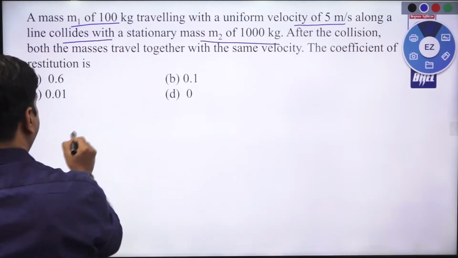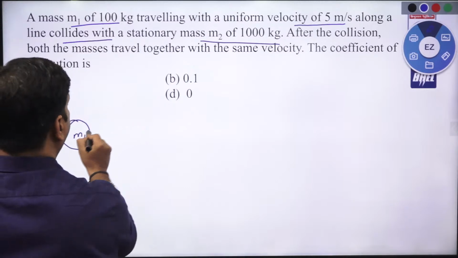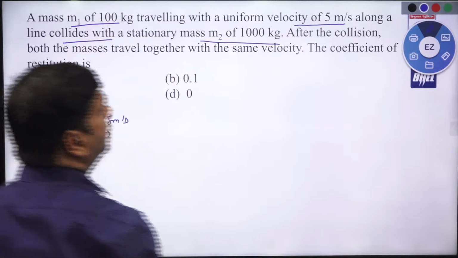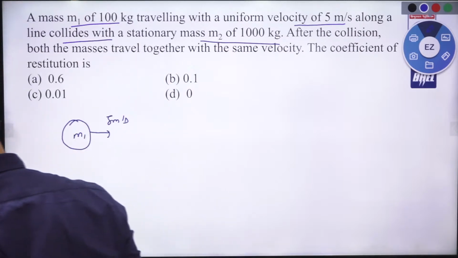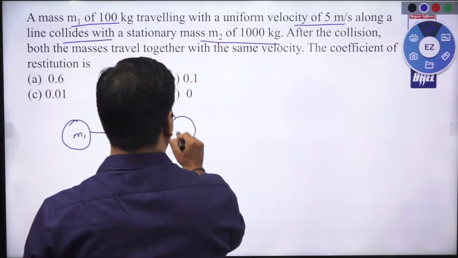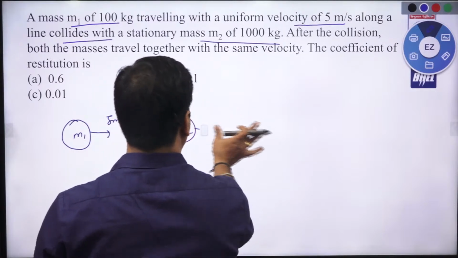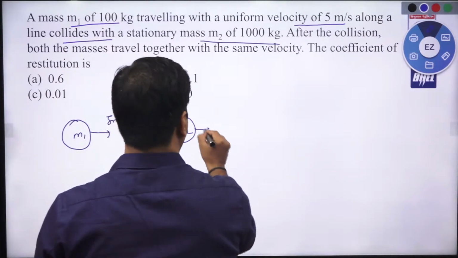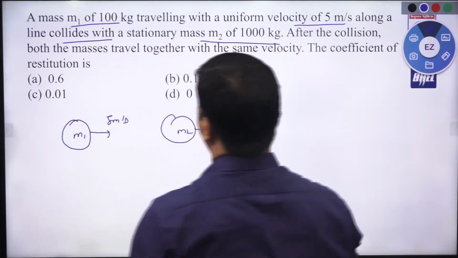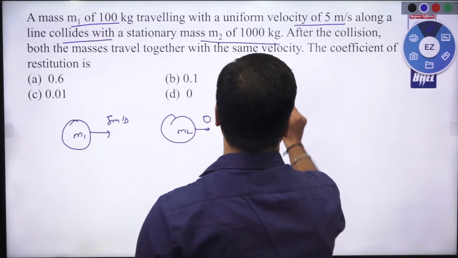So this is a mass m1 having 100 kg mass traveling with the velocity of 5 meter per second along a line, colliding with a stationary object having mass m2, with velocity 0 meter per second. After the collision, both masses travel together like this, having the velocity v.